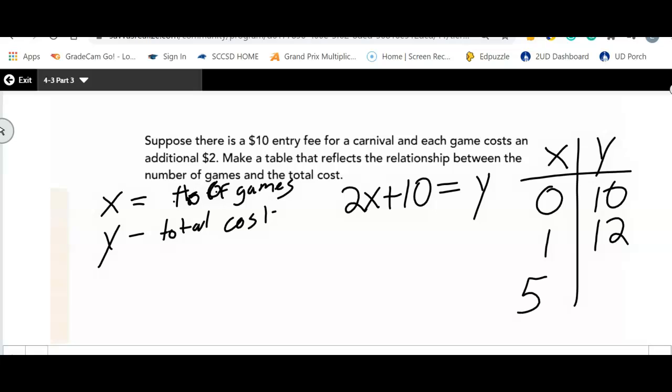If I play 50 games at the carnival, how much money do I spend? Brogan. $110. 2 times 50 gives me 100 plus my $10 to get in. Total cost of $110. I hope you don't ask your parents for $110 when you go to a carnival.